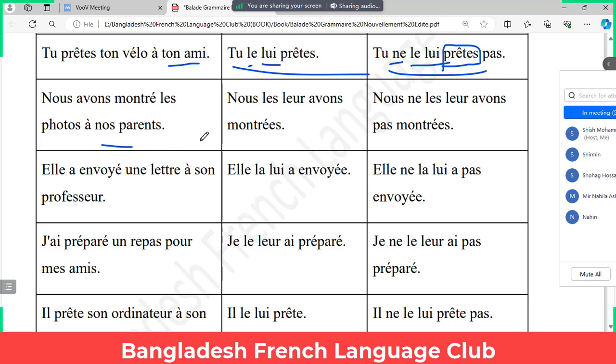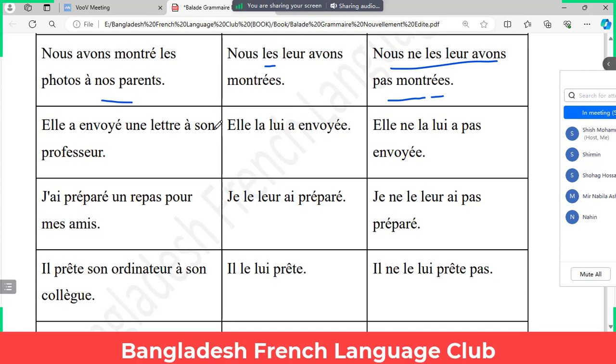And it's plural, that's why leur, and les photos, that's also plural, that's why les. Great. So nous les leur avons montré. We showed it to them. Right. Good. Then the negative sentence will be nous ne les leur avons pas montré. Good.